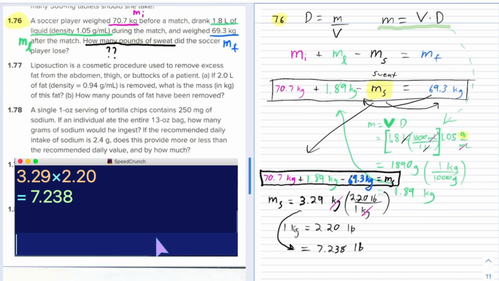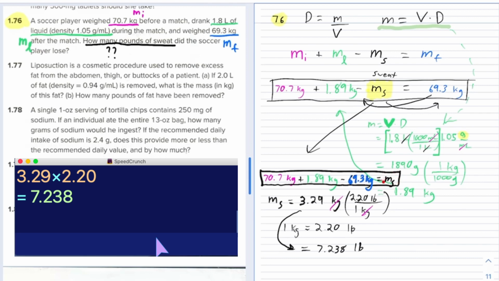And let's see. Sig fig issues. The mass of the sweat actually is going to be, when you calculate the mass of the sweat, we should have done this before. Okay, using the addition and subtraction rule. This one goes out to the 10th, that goes out to the 100th, that goes out to the 10th.